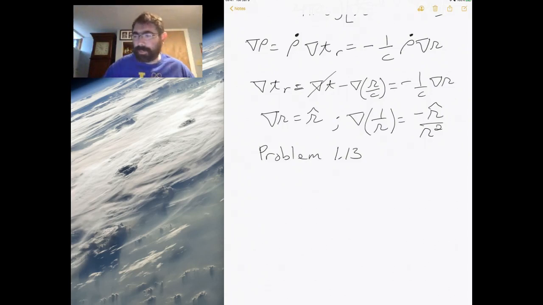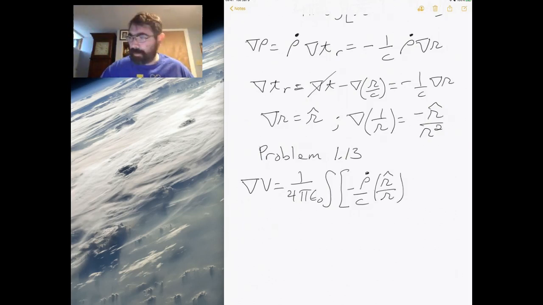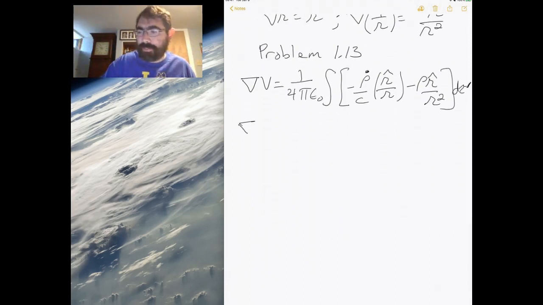Anyway, if I put all the pieces together, then the gradient of v is 1 over 4 pi epsilon naught, the integral of minus rho dot over c, r hat over r, minus rho r hat over r squared, integrated over the volume, like so.